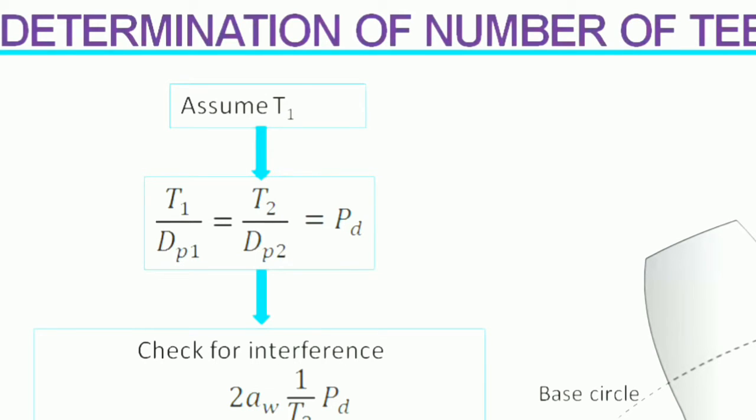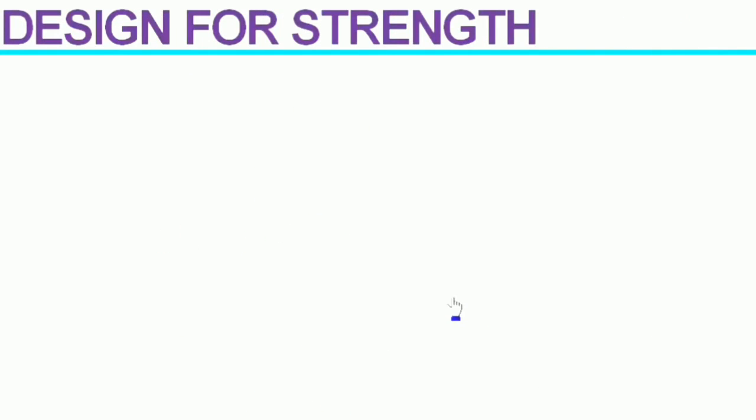But if this condition is false, then you have to increase the value of T1 and redo this calculation again. Here AW means addendum value and phi is the pressure angle of the gear. Usually designers take a pressure angle of 20 degrees. In that case you can take an addendum of 1 module and a dedendum of 1.2 module, and module is defined like this.